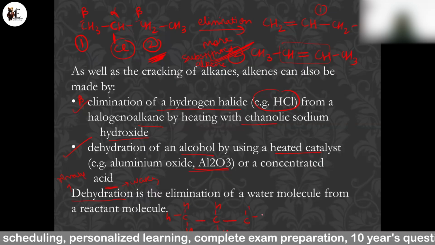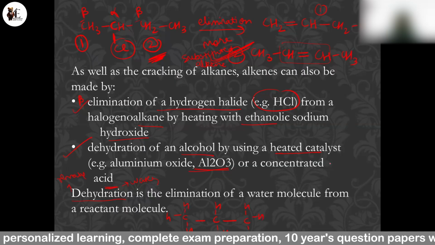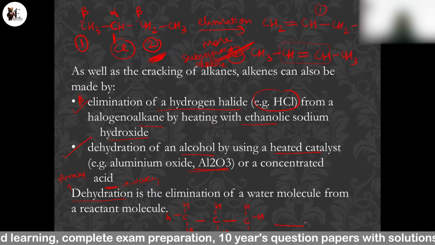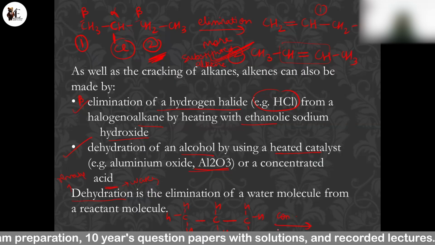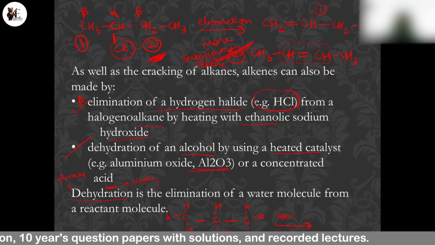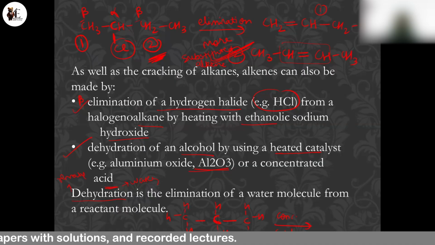Suppose this is an alcohol. You are reacting it with aluminum oxide or a concentrated acid. What happens at this carbon, which is attached to the OH group? It is the alpha carbon. So this is also the same as this. Okay, and these are my beta carbons.